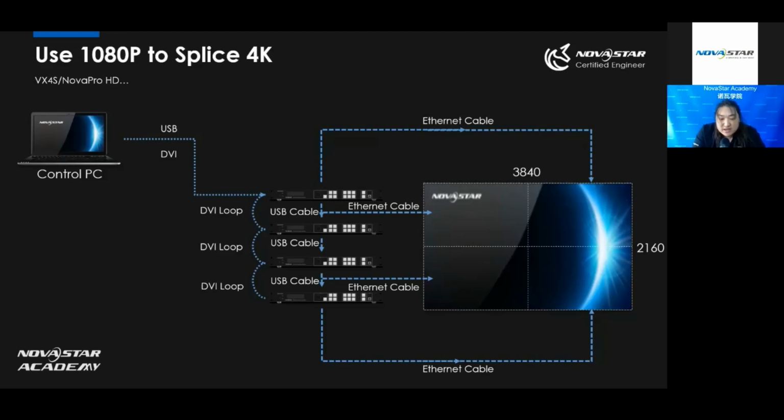You could not use HDMI in and use the DVI loop out. That's the point. Still the same thing, we are going to use 4 pieces of VX4S here. And you could use the USB cable to cascade the 4 devices and do the mosaic to make the real 4K by 2K screen.